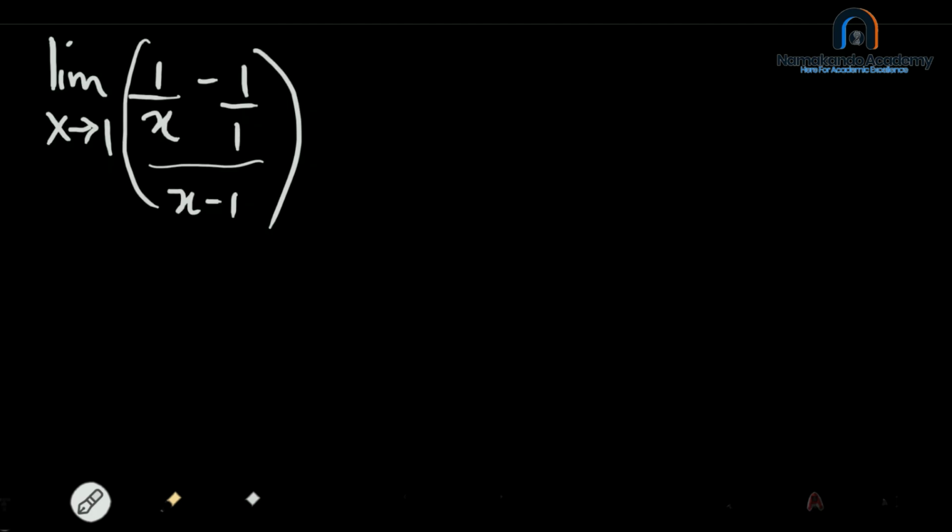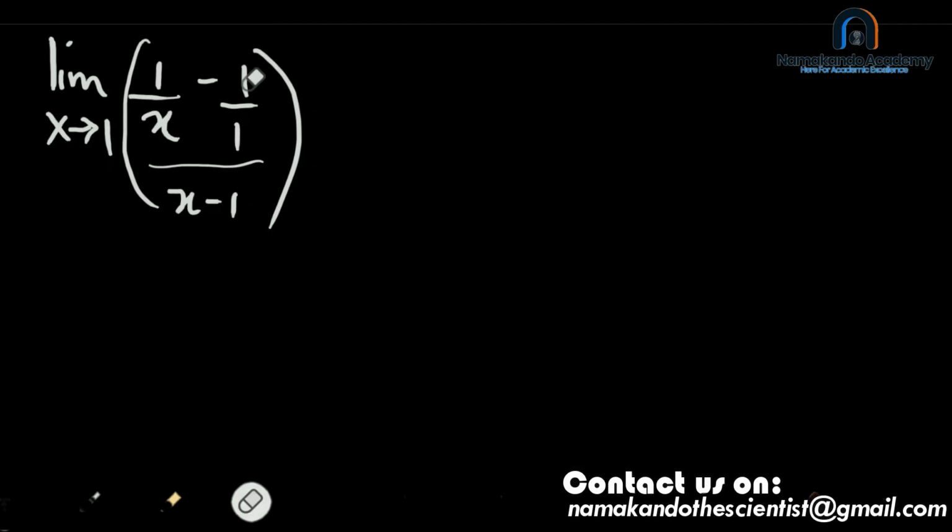This is over 1, divided by x minus 1. So I'm going to indicate brackets to show that everything here is to be evaluated as the limit as x approaches 1. Okay, so let us simplify this, which we have as our numerator.